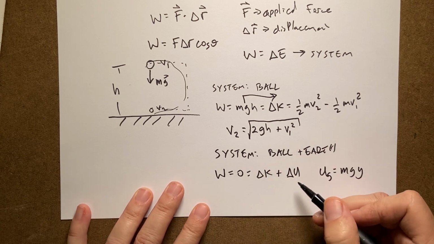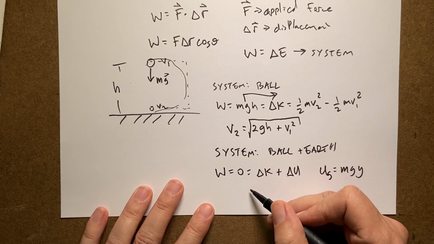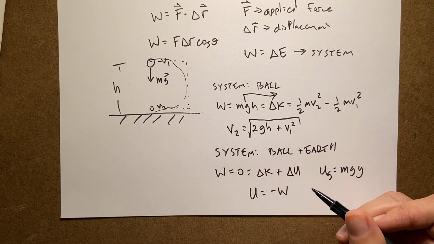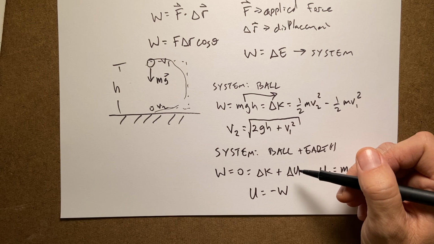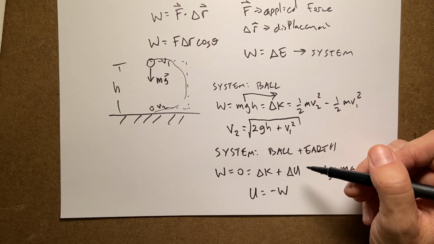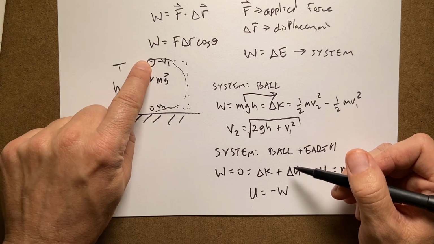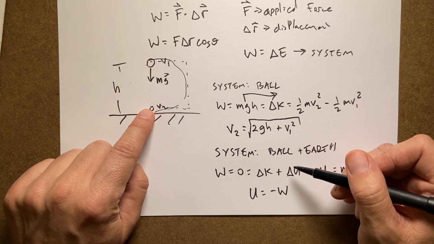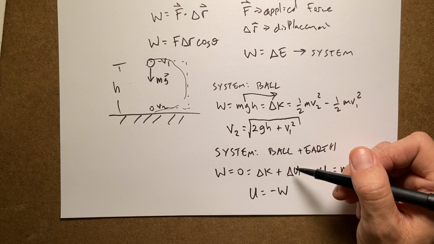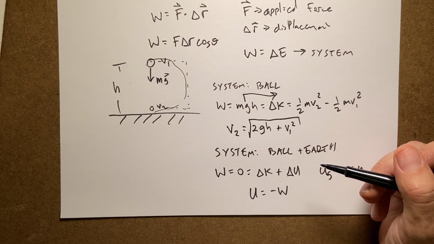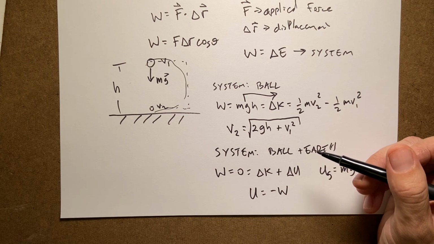Okay, so in general, a potential is negative the work done once I move it over. So this would be a negative change in potential because it's going from here down to there. So the change in potential is negative, and that is actually negative mgh. So that's your basic work energy principle.